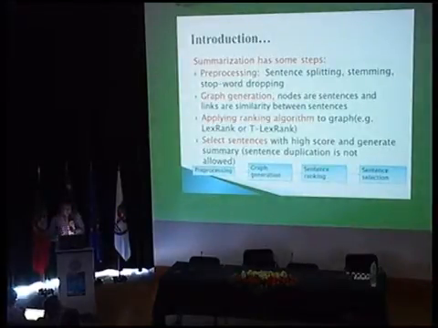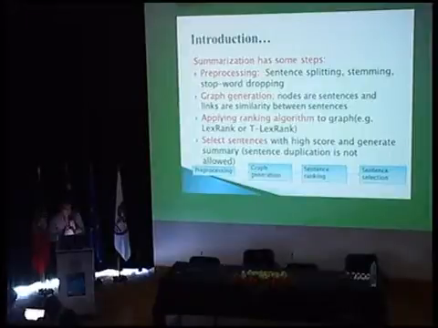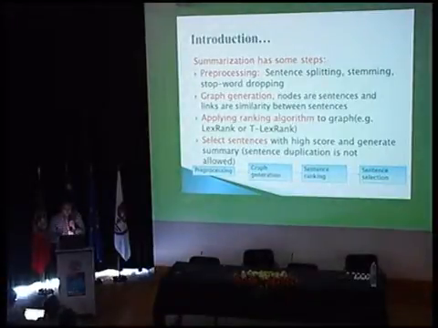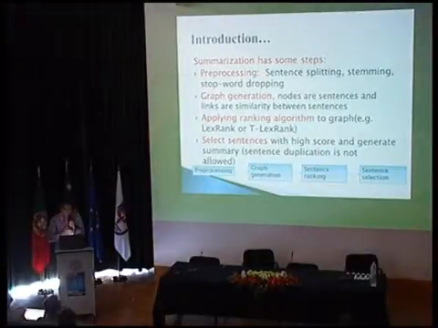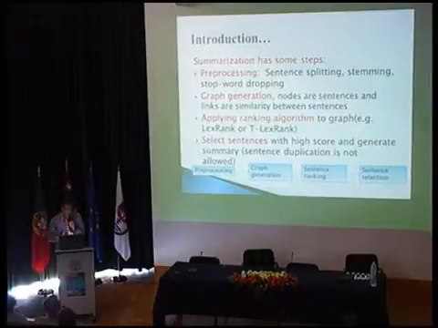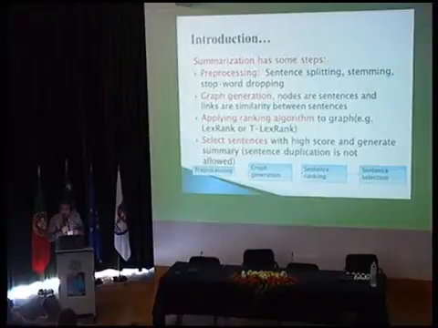Summarization has some steps for the graph-based model. The first step is pre-processing. It means sentence splitting, stemming, and stop word dropping. The next step is graph generation. It means that nodes are sentences, and the similarities between the sentences are links between the nodes.